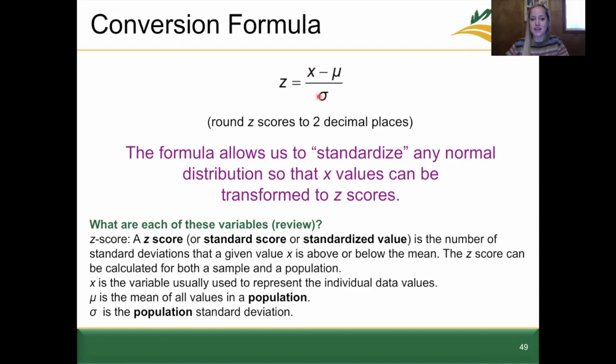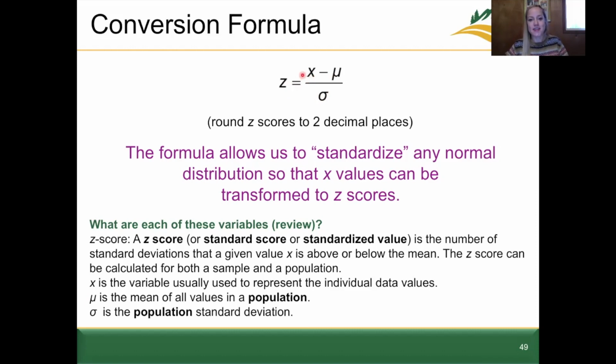Well, in those cases, we would have a z-score equal to x minus 0, so that's x itself, divided by 1. So in those cases where the mean is 0 and the standard deviation value is 1, z is equal to x. So in other words, z is equal to x only for standard normal distributions.